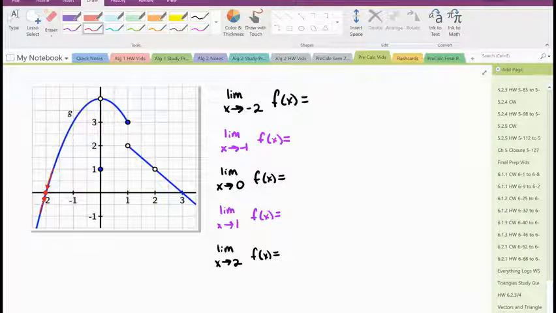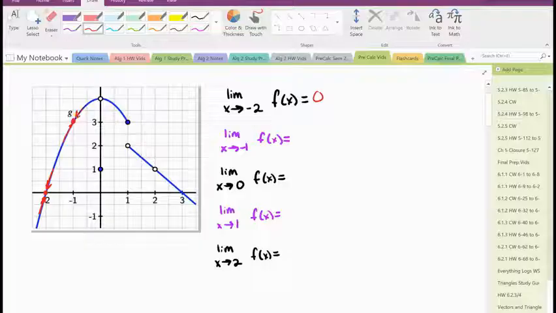It's looking for what y value our function is approaching as x goes towards -2. So in this one it's just going to be 0, because we see the left and the right side arrows are both pointing towards the y value of 0. Same thing with -1 here. If I plug in an x value of -1, I see the left side is coming up and pointing at that point.